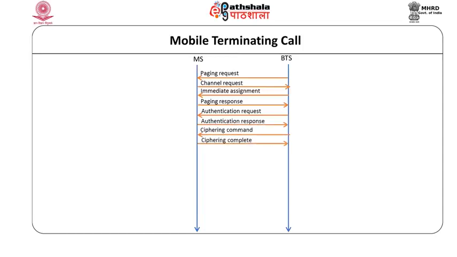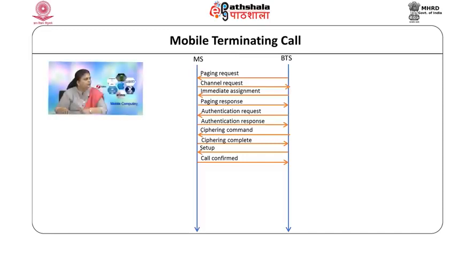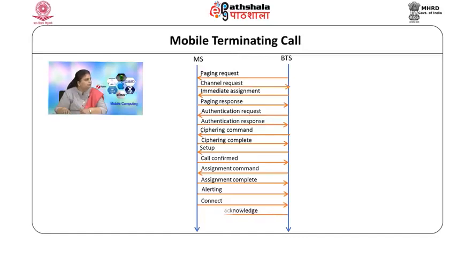These four steps comprise authentication and ciphering, and after that the call is set up, with a call confirm message from the mobile station to the BTS, then the assignment of the traffic channel by the BTS, and then the mobile station will send the alert message indicating that it is ringing and a connect message indicating that the user has picked up the mobile phone.